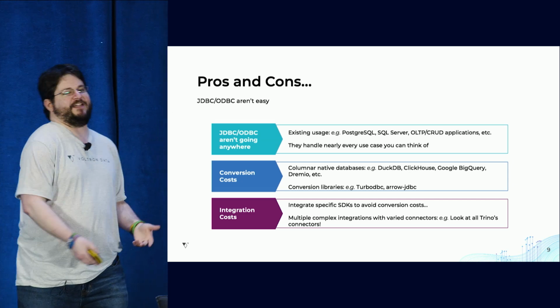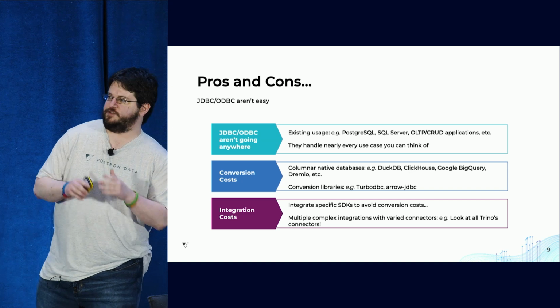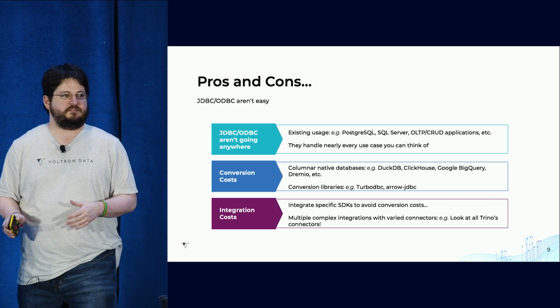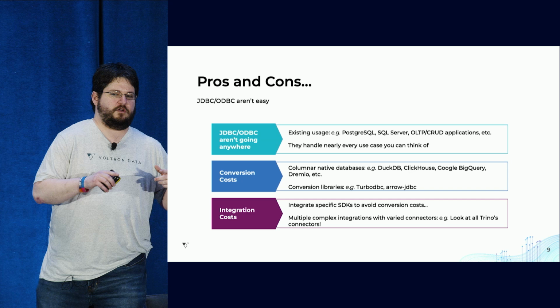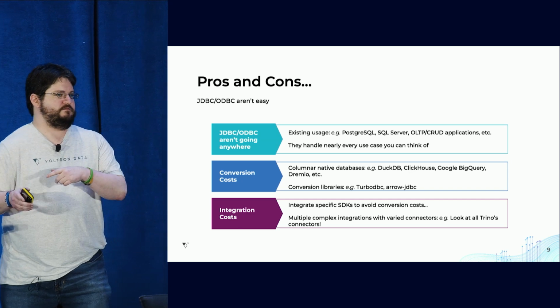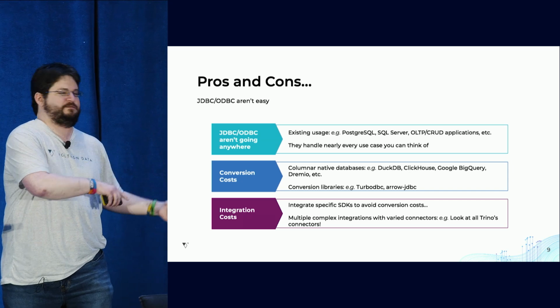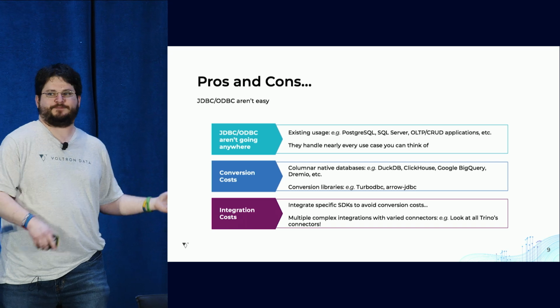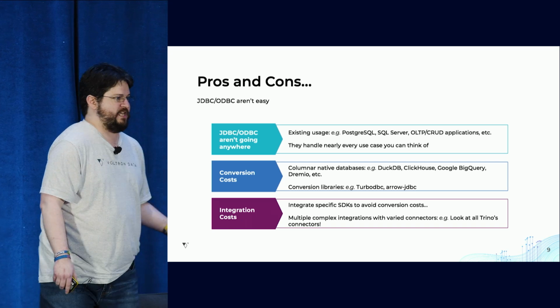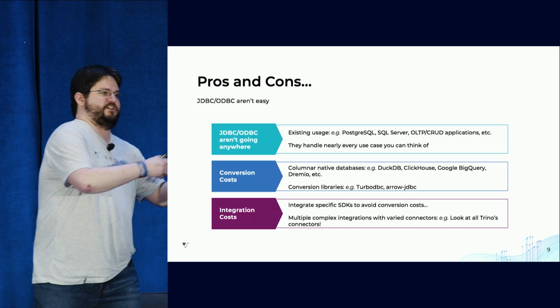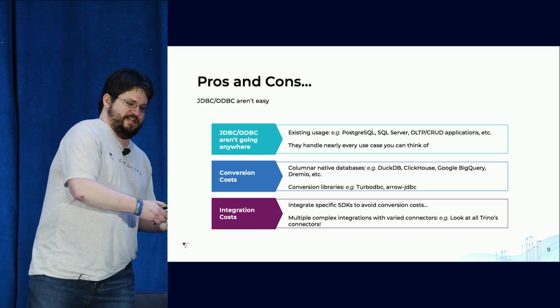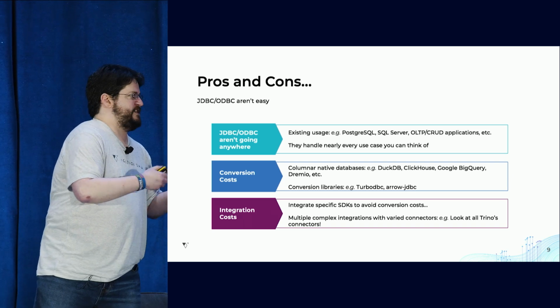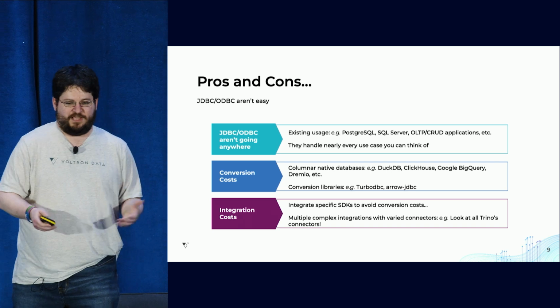And then when that's not fast enough, you go to the actual database-specific SDKs. But once you go to the database-specific SDK, you've defeated the purpose of using ODBC and JDBC, because now you have to write an adapter for every single database you want to communicate with so that you can use their individual SDK, because you want things to be faster. That's what this is all about. It's performance.